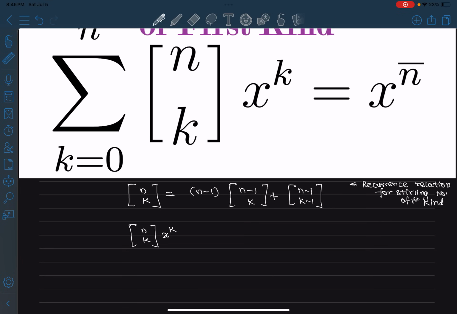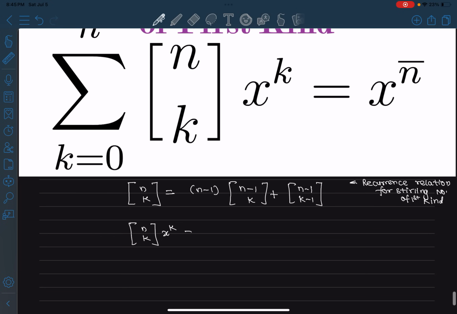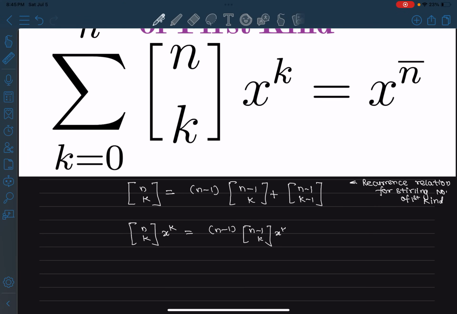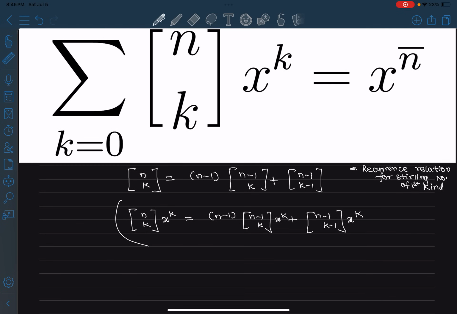So first, let's multiply the whole expression by x to the power k, and after that we are going to sum it from k equals 0 to n.